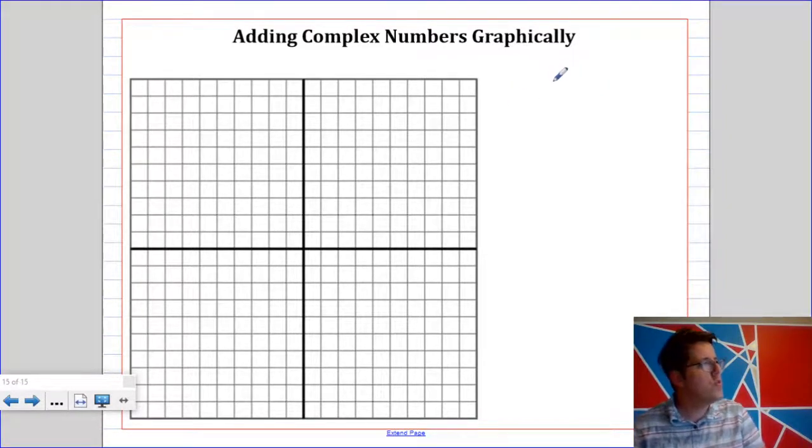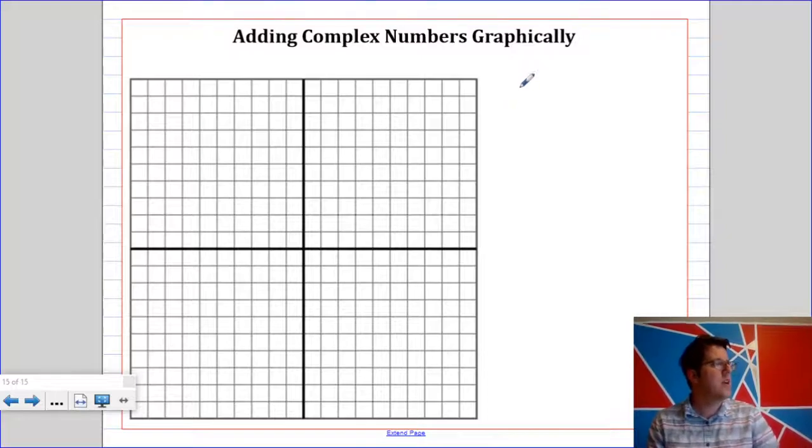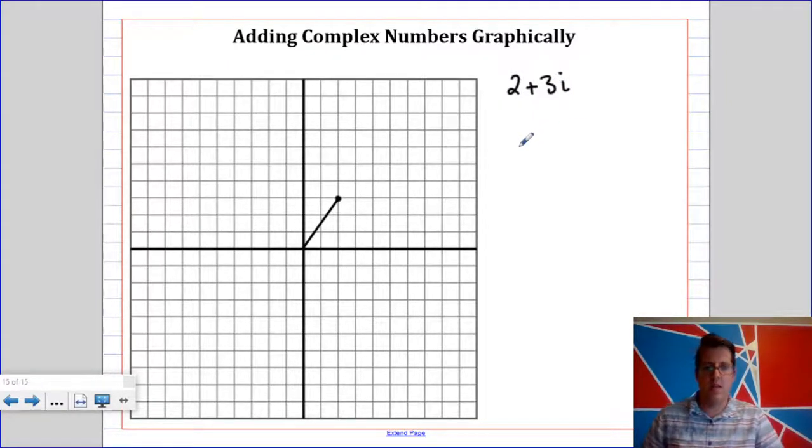So if I want to add two complex numbers graphically, I could take this same idea. So if I take 2 plus 3i, let's go ahead and plot that. Remember with the number line, when I wanted to add or subtract real numbers, I would start at that position and then move forward or backwards.